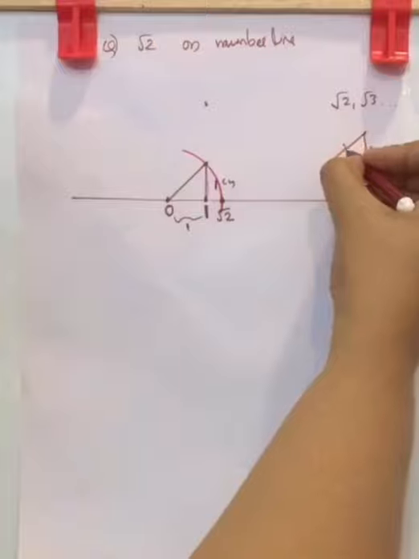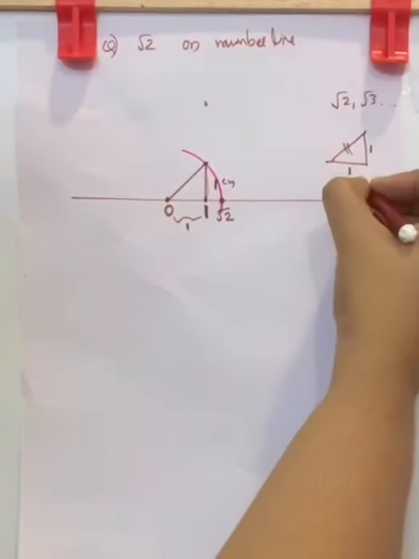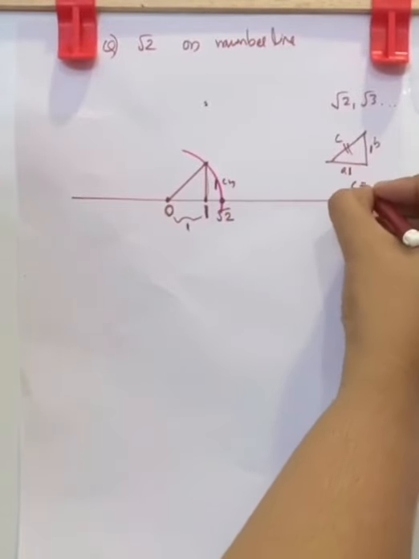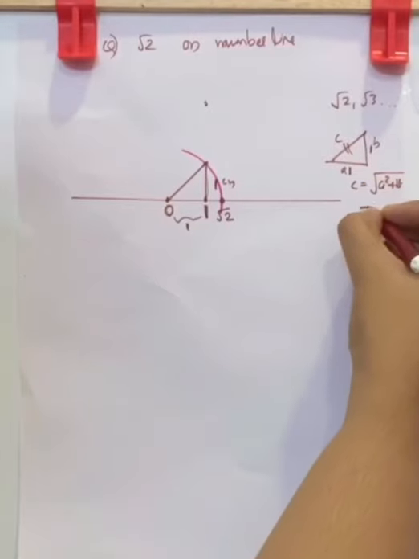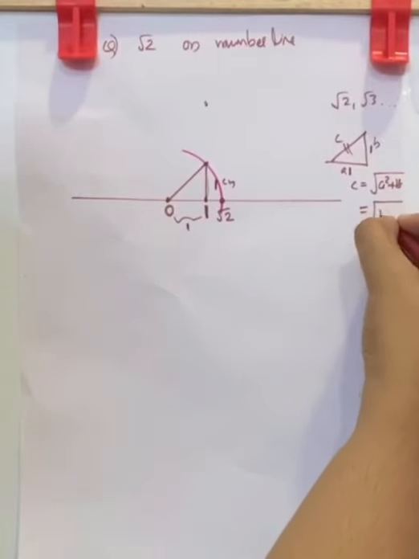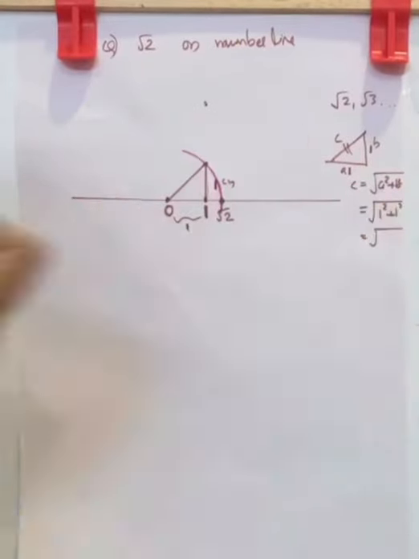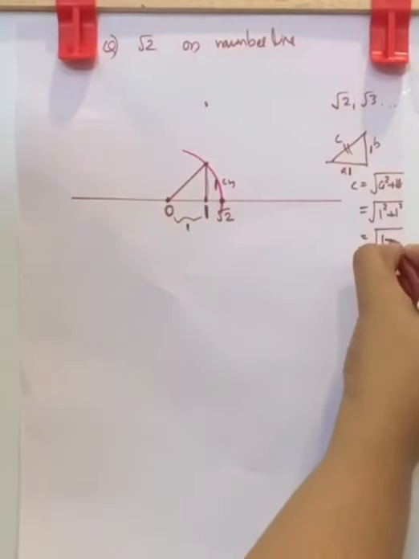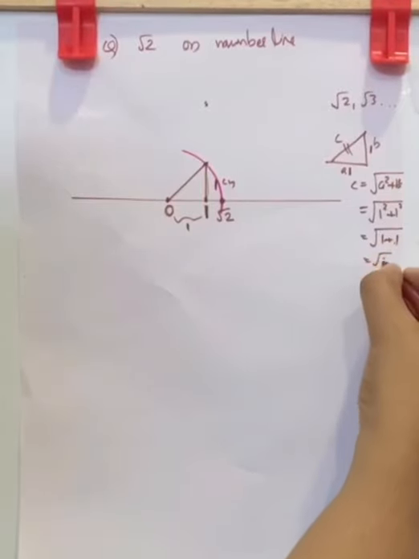What about the hypotenuse? This is C, this is A and this is B. C is equal to root of A square plus B square. Here it is root of 1 square plus 1 square. 1 square is 1, so 1 plus 1 is 2.